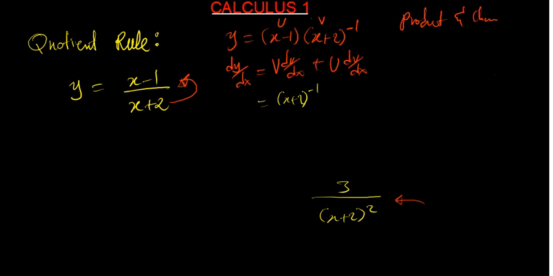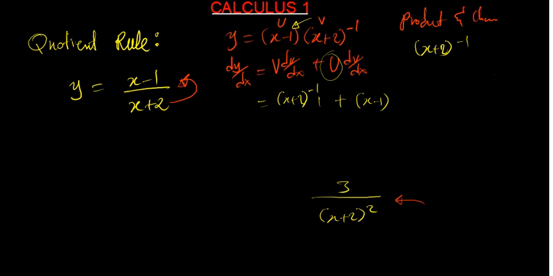And then the first one, we differentiate it. If we differentiate x minus 1, what do we get? Okay, we'll get a 1. And then plus, we get the first one the way it is, that is our x minus 1. And then we differentiate the second one. So what we want to differentiate is x plus 2 to the power negative 1.